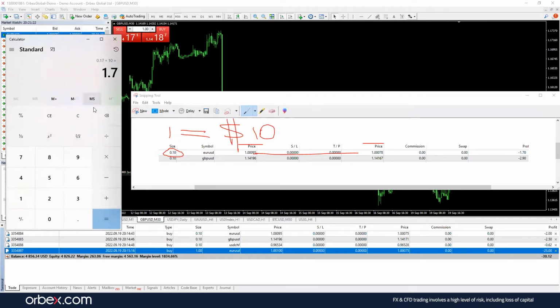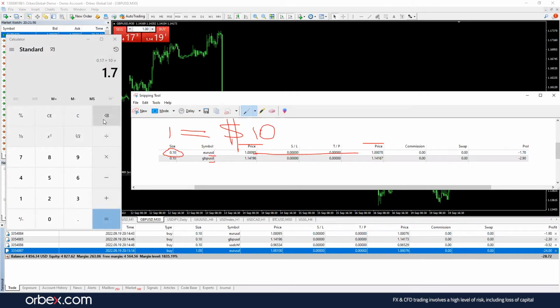So in this particular instance, we did 1.00095 minus 1.00078. So 1.7 pips difference. Multiply that by the volume amount, which is 0.10. And then we multiply that by 10. Sorry, 1.7 multiplied by the lot amount and then multiplied by 10. This is because every quote currency that's in dollar is $10 a pip, and this is standard.